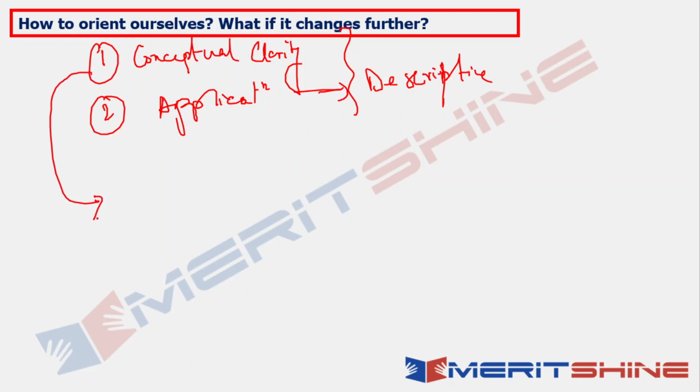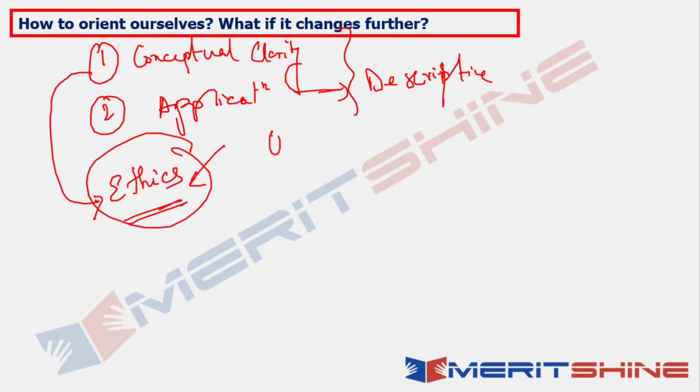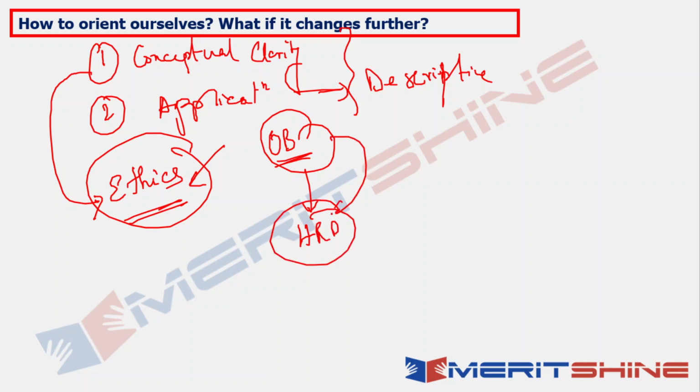And in the conceptual clarity part, there was one important thing missing in the earlier syllabus, that was ethics, which has been included. And organization behavior, which should have been a part earlier also, because you can only make sense of human resource development when it is studied alongside this, has been made a part. So they have tried to make it more inclusive in nature. That was the direction: including descriptive as a part of the pattern, and introducing these new areas.